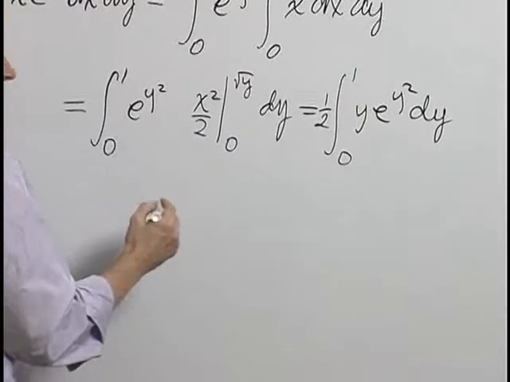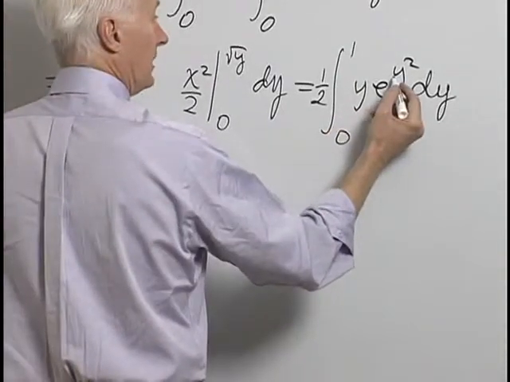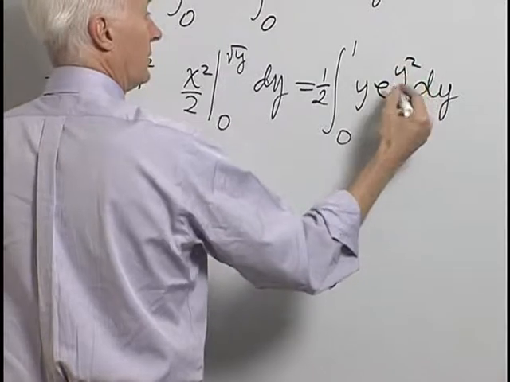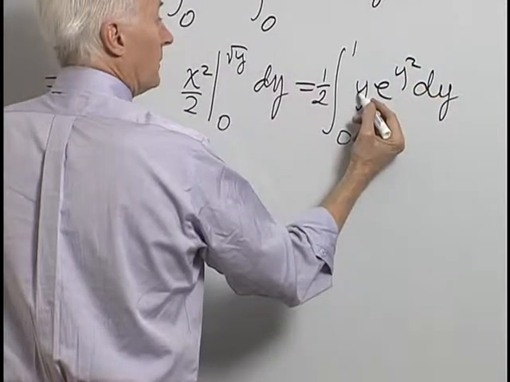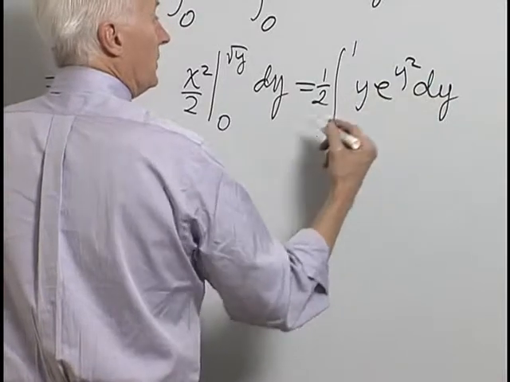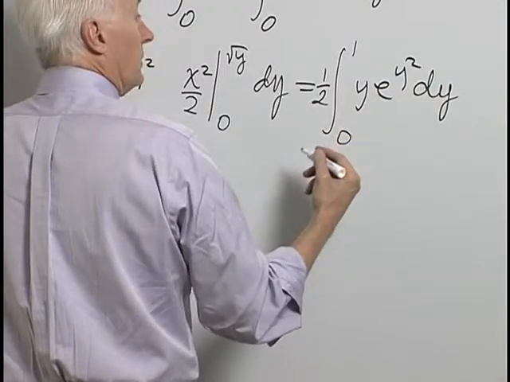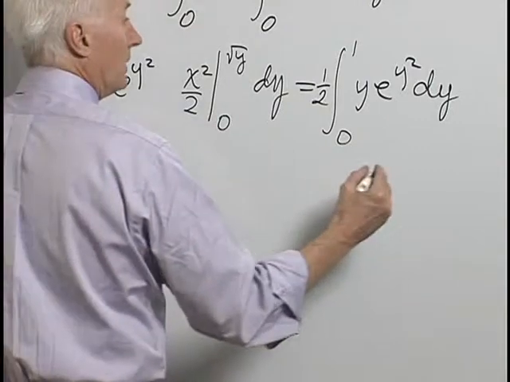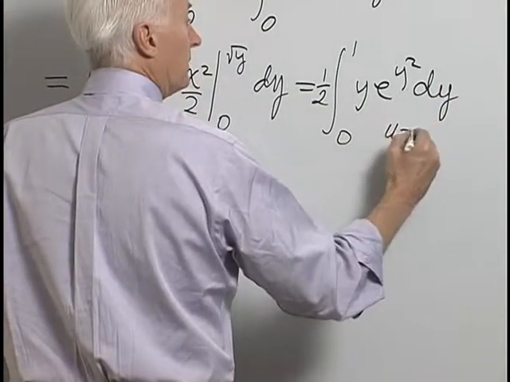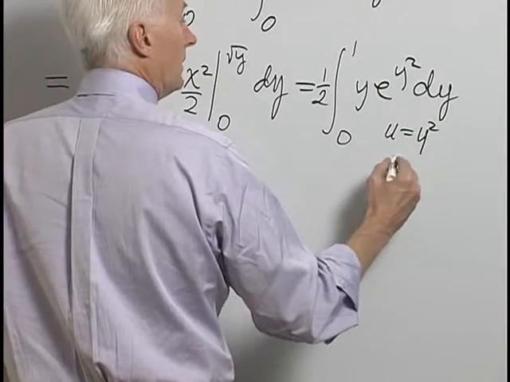Well, now that's very convenient for us because, see, even though we have this nasty exponent y squared in the exponential function, right out front here we have a y which we can use to convert to substitution. So in other words, what we're going to do here is substitute u equals y squared.